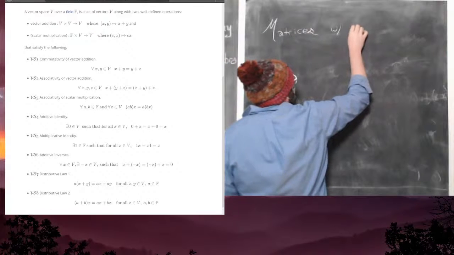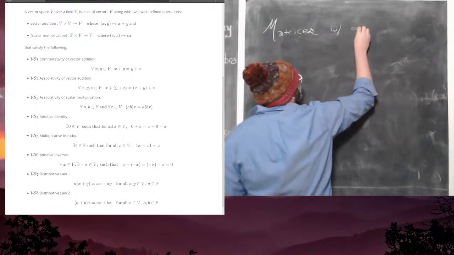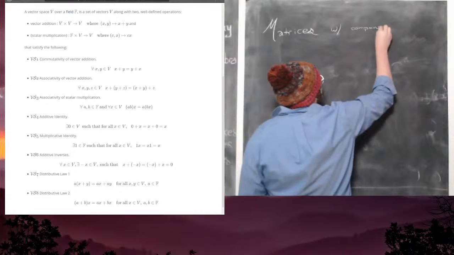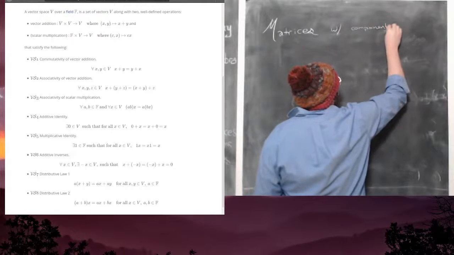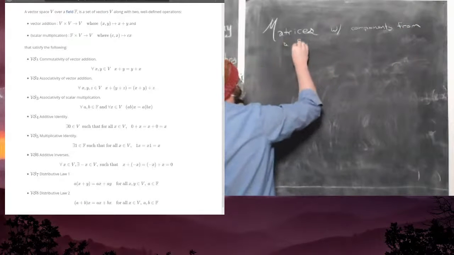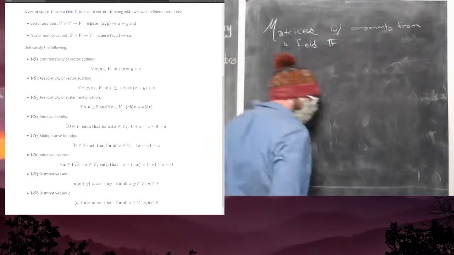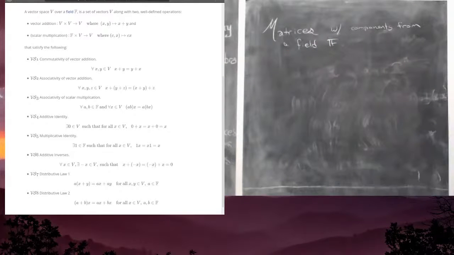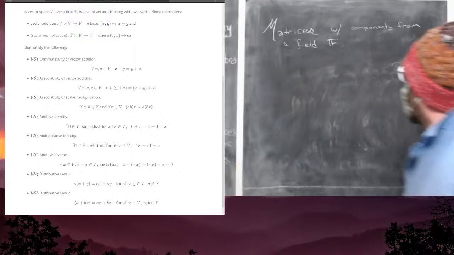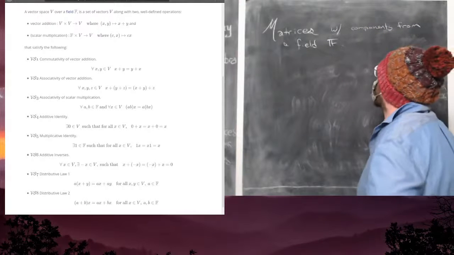With, what do you call them? Let's say components from a field F. And of course, in general, in life, you don't have to have your matrices come from a field, but I think for our purposes, we definitely want them to.